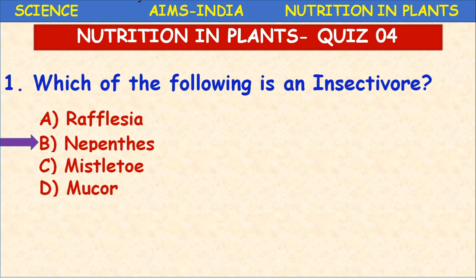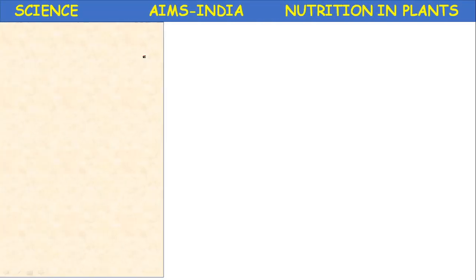Of the remaining, Rafflesia is a root parasite. Mistletoe is a stem parasite. Mucor is a fungus. It is a saprophyte. Okay, children. So like that you have to analyze. So an insectivore example: Nepenthes. Like that you can write. Next question.